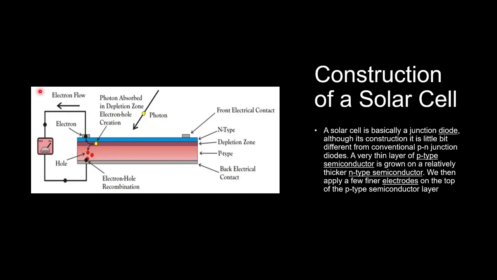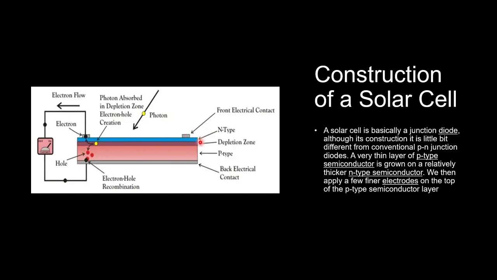As you can see in the diagram, I'll let you study it, and I'll just explain the basic layout. Here we have a switch that can go on and off, and this is a hole. This is electron-hole recombination. Here a photon hits the solar panel. This is the front electrical contact.